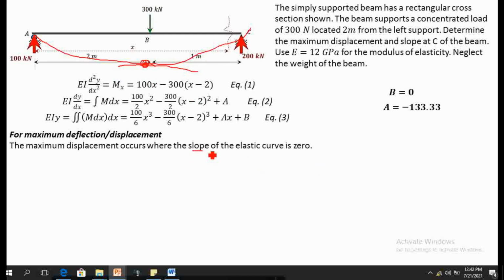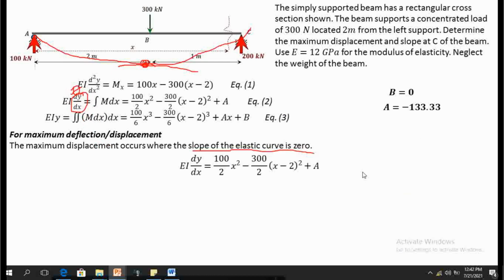Okay? The slope of the elastic curve is 0. Therefore, kukunin ko yung equation kung saan ang slope, dy over dx, yan yung ating slope. So, I'm going to use equation 2.